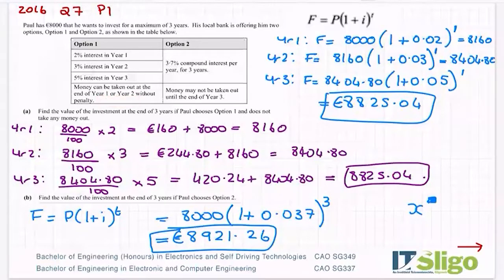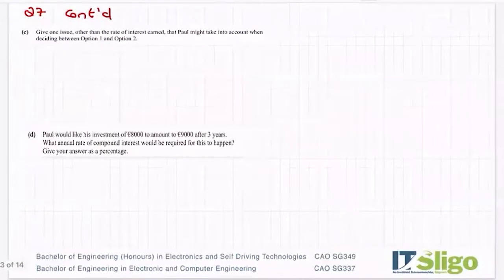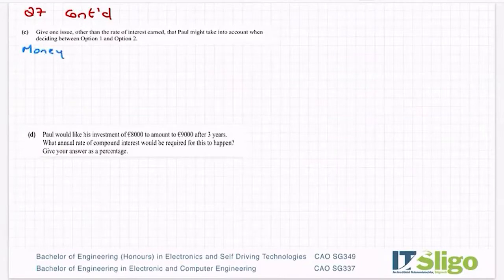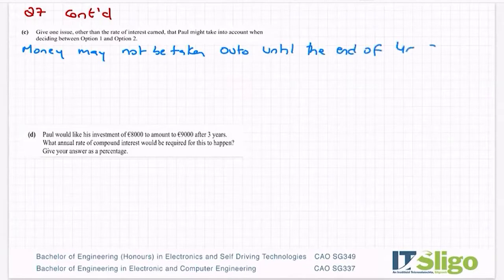Here, in this one, money may not be taken out until the end of year 3. So the issue then clearly is money may not be taken out until the end of year 3 if going with option 2.